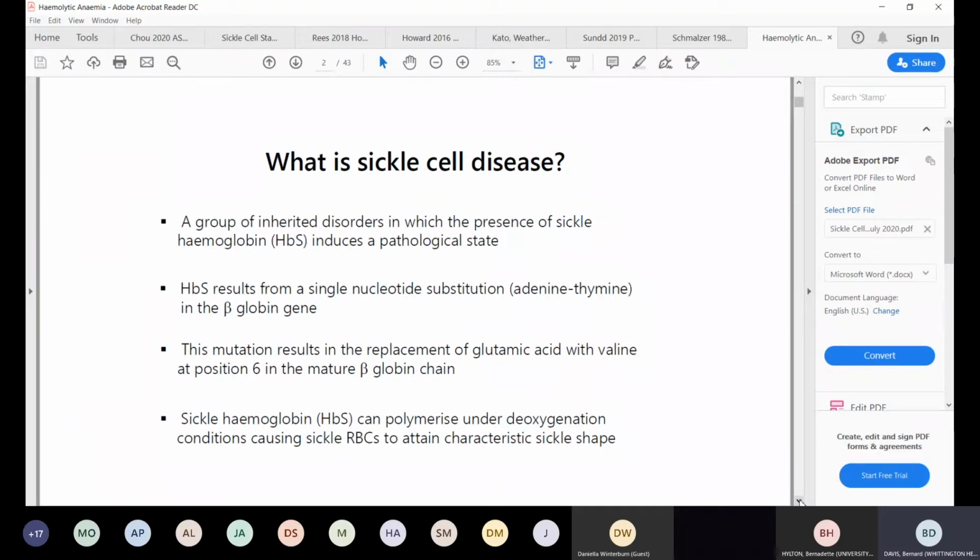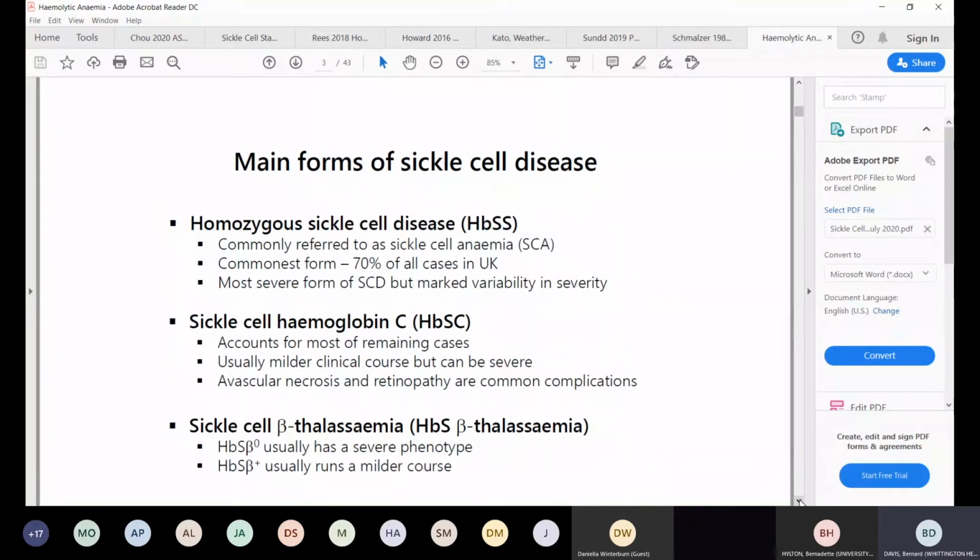hemoglobin. The problem with sickle cell hemoglobin is this, that unlike normal hemoglobin A, it can form chains called polymers under unfavorable conditions, and this will result in a distortion of the shape of the red cell to attain that sickle shape that we're also familiar with.